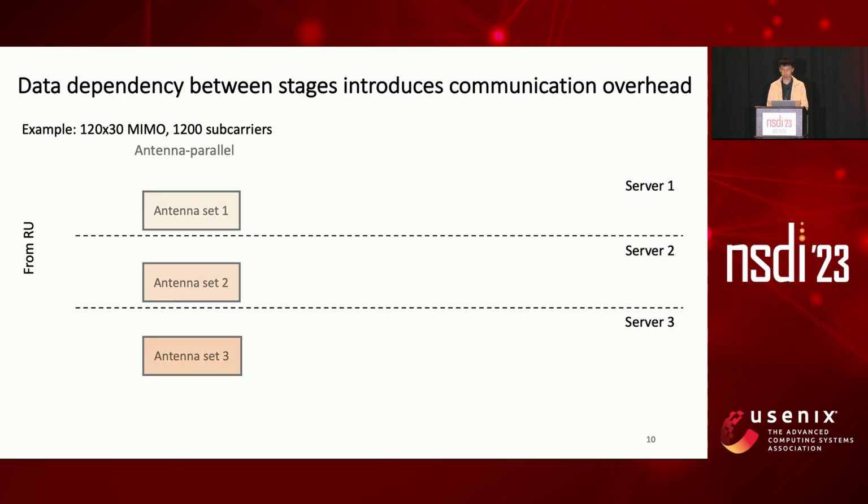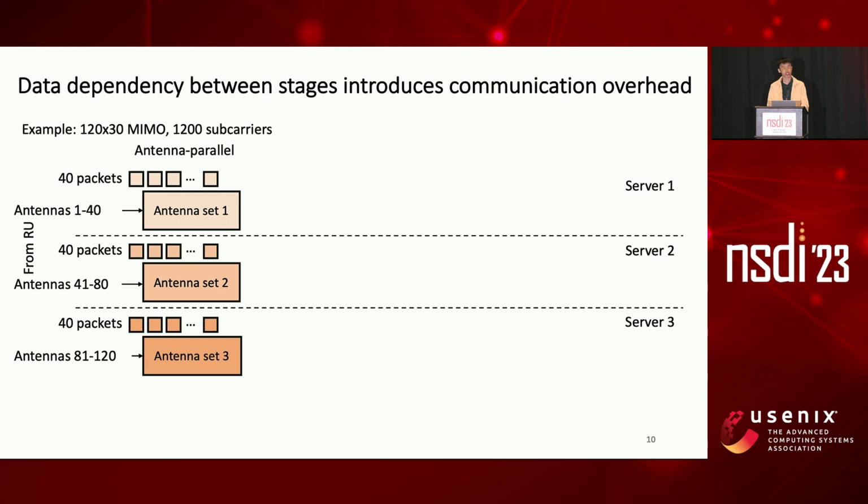Let's first partition the workload for the antenna parallel stage. Since in this stage, the data is antenna parallel, we can simply partition the 120 antennas into equal ranges, 40 antennas per server. So here we have the first server process antenna 1 to 40, the second one 41 to 80, and the third one 81 to 120.